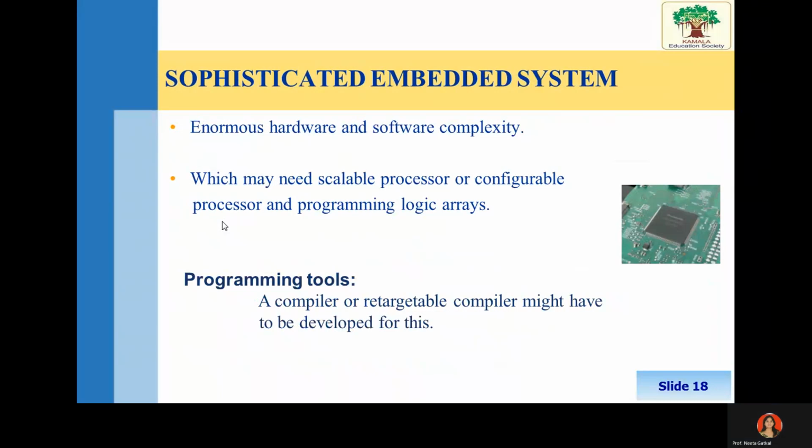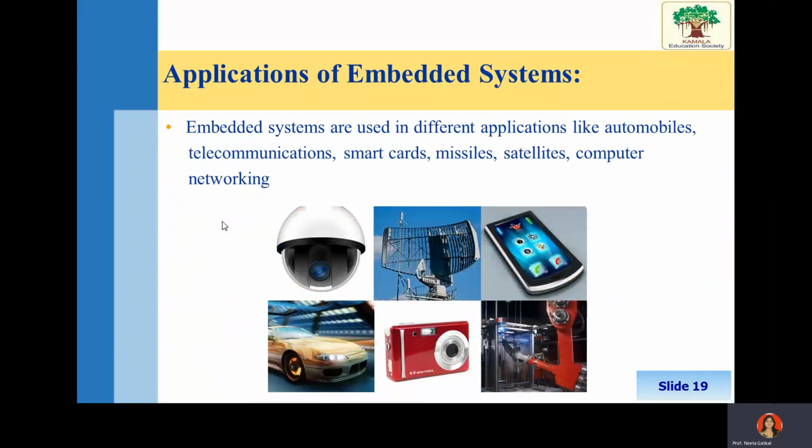Now we see the last point of this module, that is nothing but the applications of embedded systems. Everywhere we can see embedded systems in day-to-day life. For example, they are used in different applications like automobiles, telecommunications, smart cards, missiles, satellites, computers, and networking.